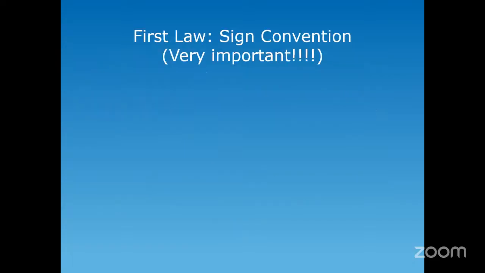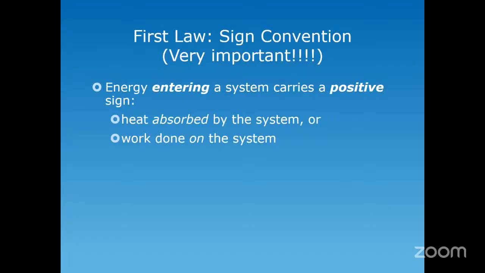Now, it's very important when applying this equation that you pay attention to the signs, especially when you're given a question and the question gives you the information in words. You have to basically interpret that question in terms of the signs for delta U, for Q, and for W, right? So the sign convention is very important when it comes to certain problem solving.